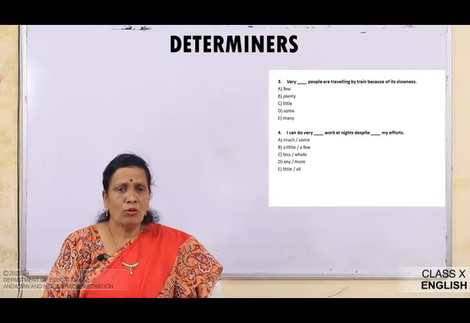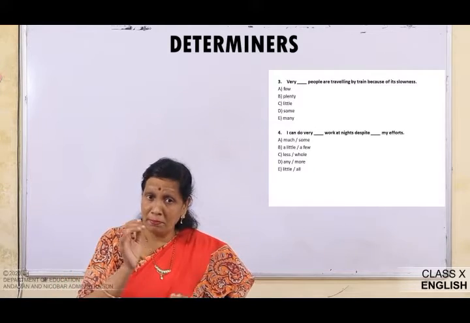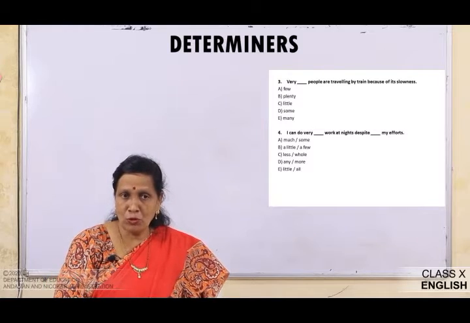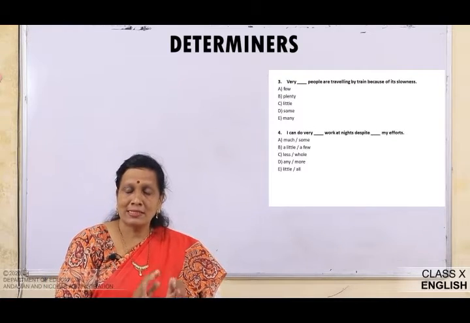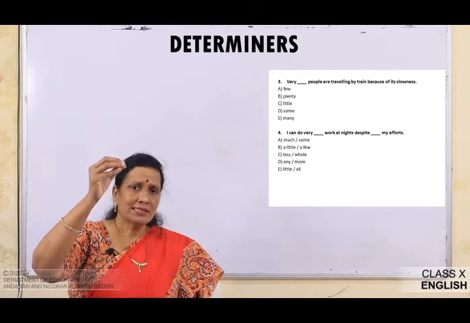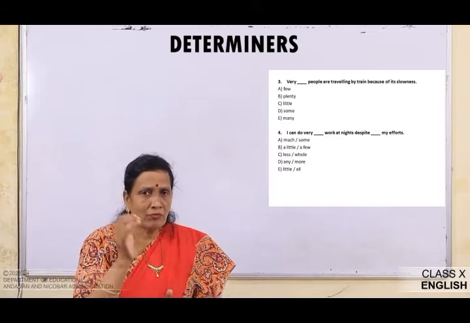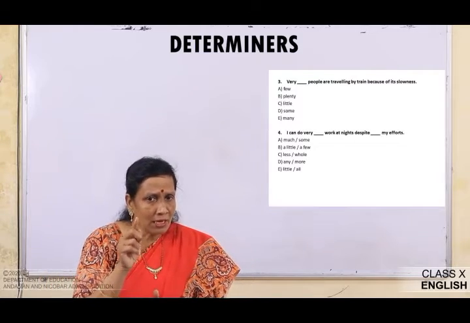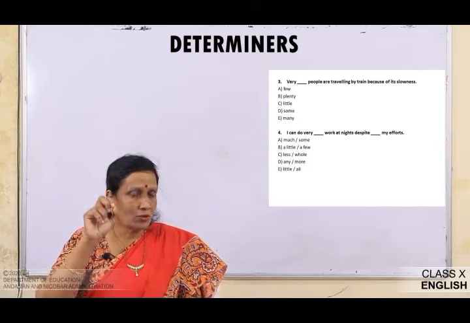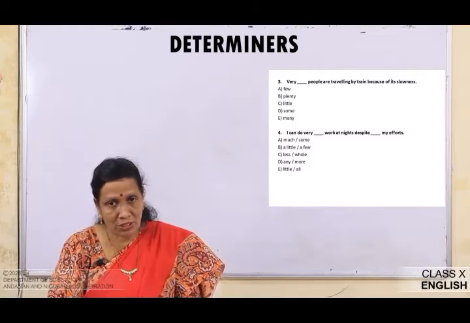Now, there is a blank people are travelling by train because of its slowness. The options are few, plenty, little, some and many. When we read the sentence without a determiner, we can understand that people are travelling by train because they have given a reason that it's slow, it takes a long time to reach its destination.